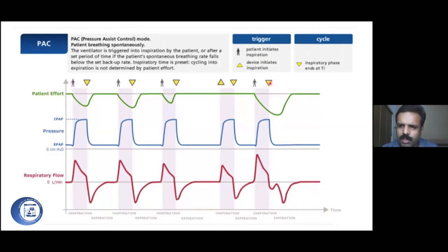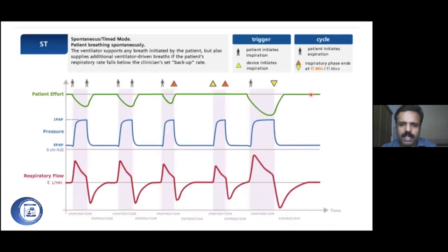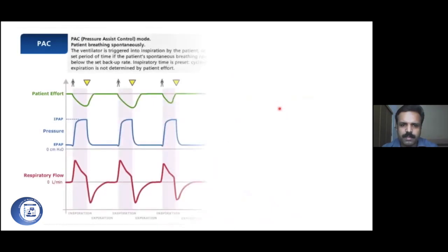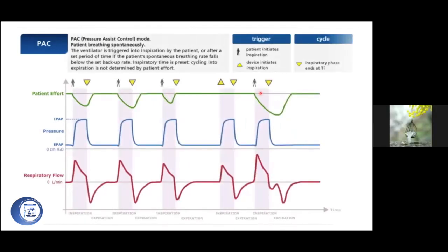So you have more control on the inspiration expiration ratio. I'll go back. Here the inspiratory phase is not completely regulated; the patient can have different levels of inspiration. But here, everything will be fixed. You cannot have a varying thing.